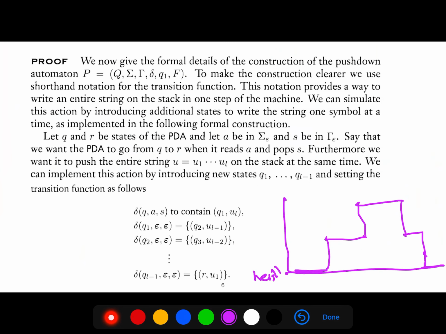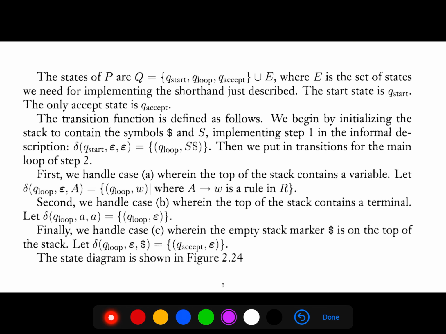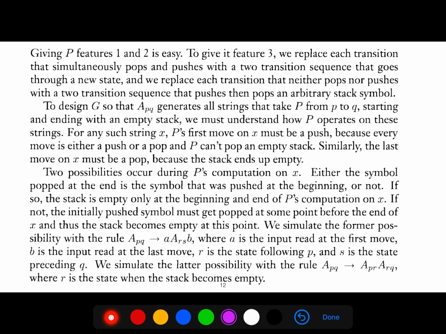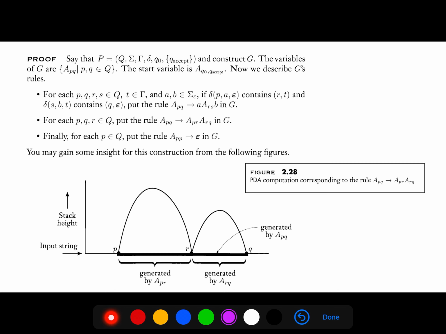This is very important because I want to show you that you can work on this and look at this like this. For example, if you want to go from state P to state Q, you should first go to state R, and then you go from state R to state Q. The reason is that we can associate a grammar rule, a rule like this, saying that going from state P to Q, first we go from P to R and then from R to Q. But the trick that we use is that the height of our stack does not change.